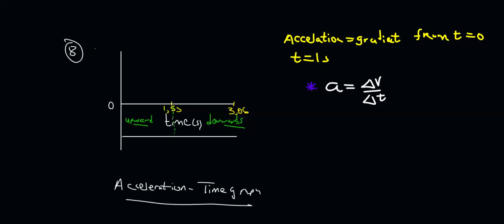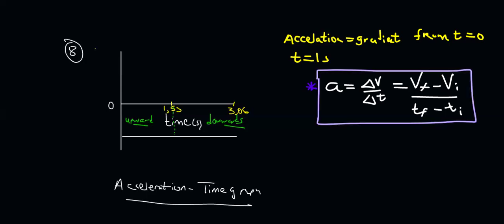Not forgetting that change in v is the same thing as saying v final minus v initial, divided by t final minus t initial. This is one of the very important formulas that you must remember, grade 12s, for determining acceleration. So now we are going to determine the acceleration.